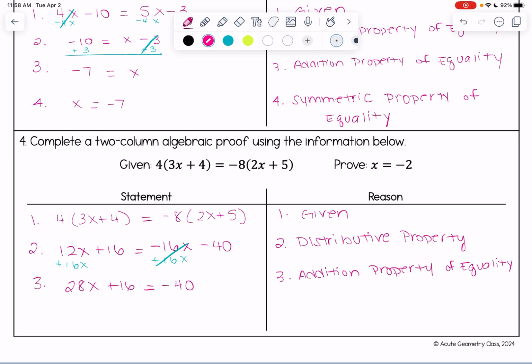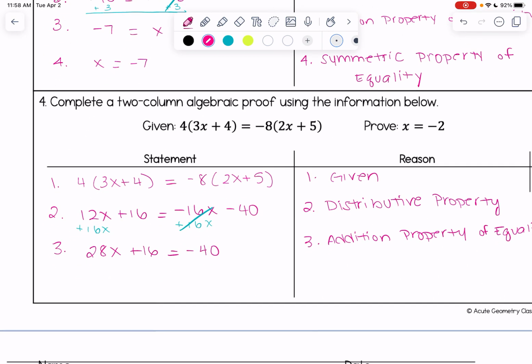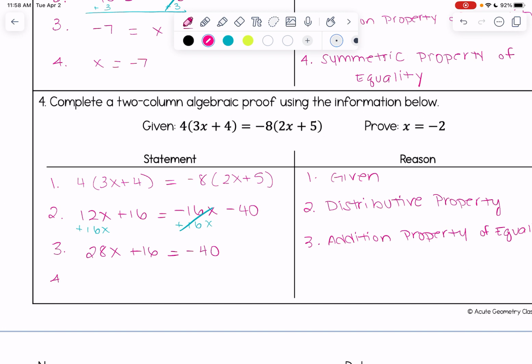That's okay. All right, the next thing I would have done in this proof is move the constants to the same side. So I would have subtracted 16 on both sides. I'll show you in the blue what I would have done. And again, there I said subtraction, so this is the subtraction property of equality.